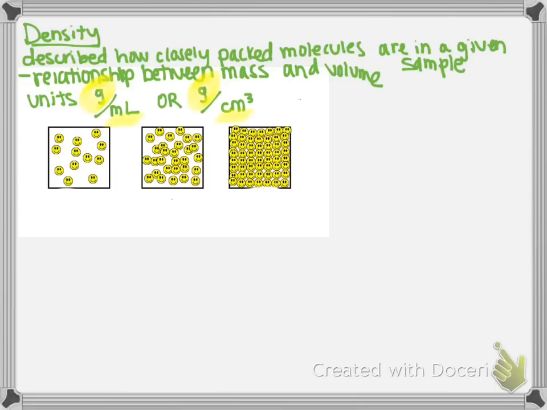So if we look at this diagram here of the smiley faces in the boxes, the picture on the far right represents high density. Or in other words, more molecules are packed together in the same space.